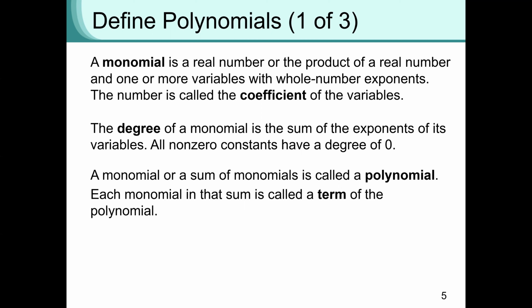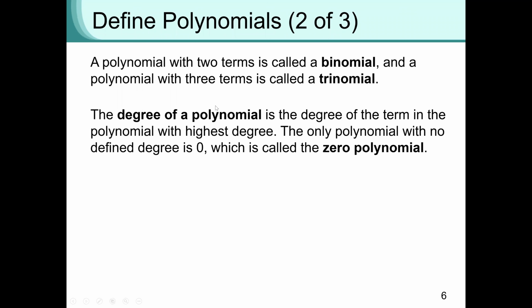Now 3x squared plus 2x is called a polynomial. A polynomial with 2 terms is called a binomial. So 3x squared plus 5 is a binomial, 2 terms. A trinomial means we have 3 different terms. So 3x squared plus 2x plus 10 is a trinomial because we have 3 terms.